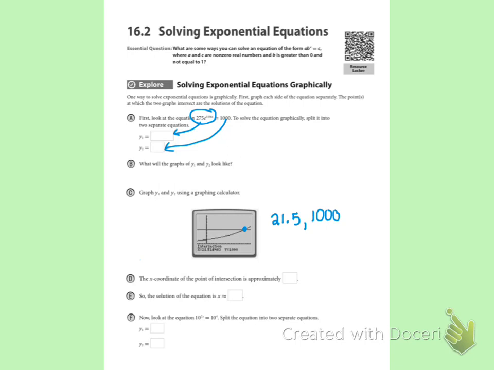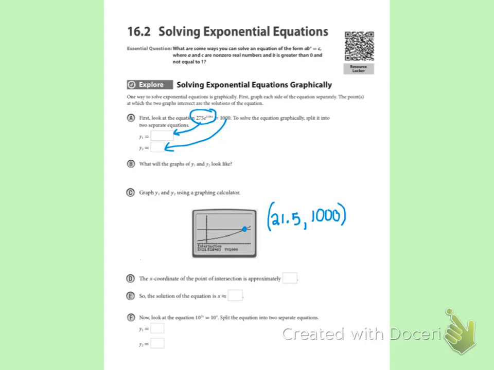Depending on whatever x represents, if this is money, it's probably years, 21.5 years, it's going to be worth $1,000.